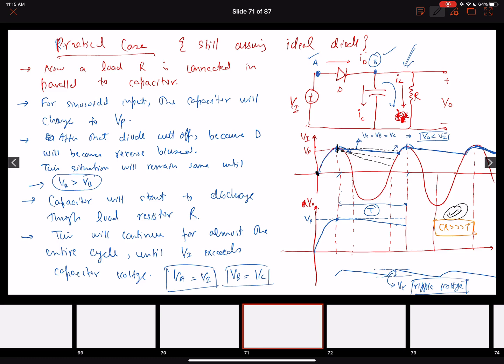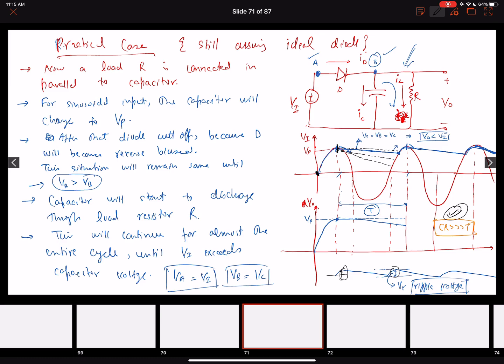This is what we are going to feed to the Zener. In this waveform we are going to have a mean value, and these are our variations. We want to make sure these variations are minimal, and we can do that by making sure that the product RC, the time constant, is much larger than the time period of the waveform.